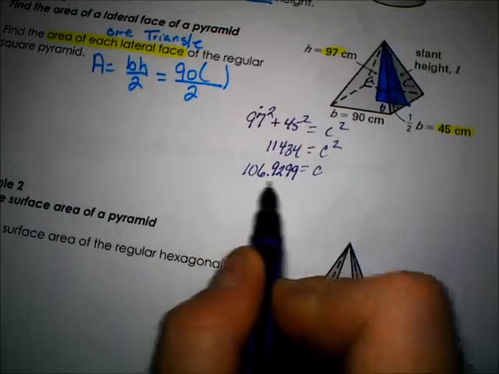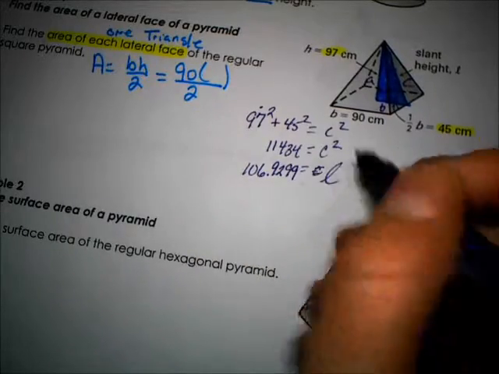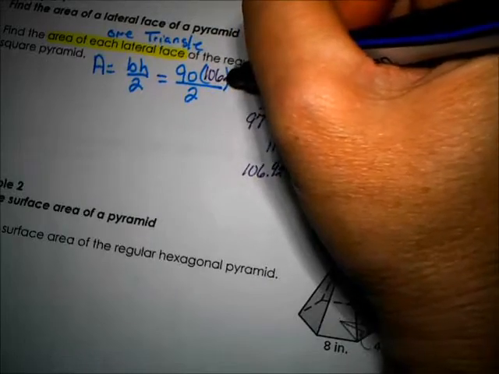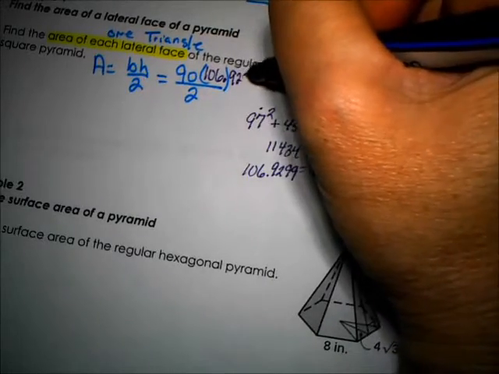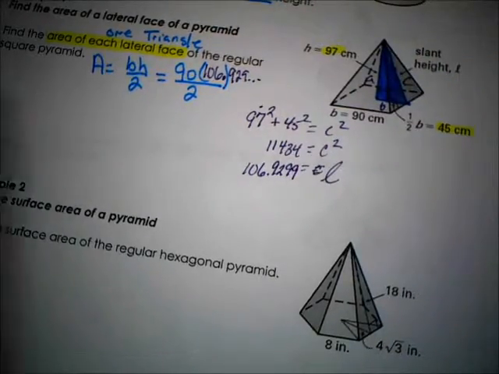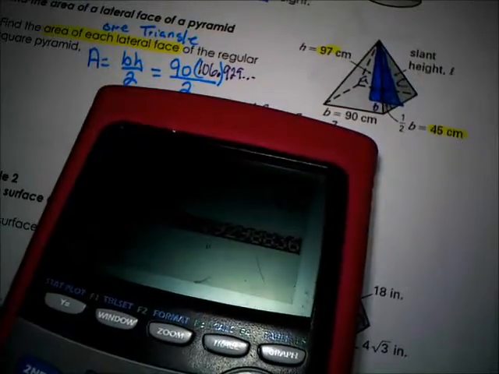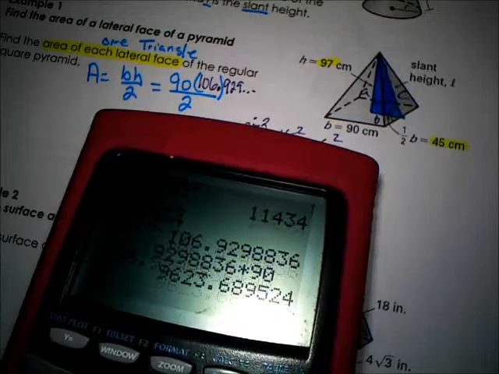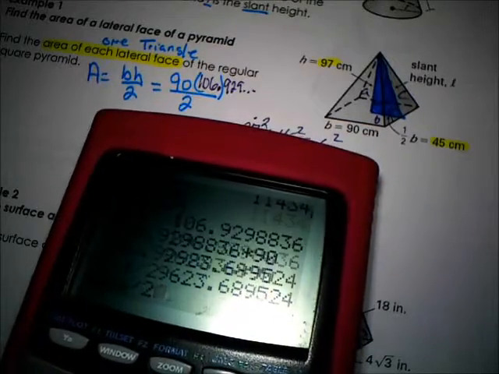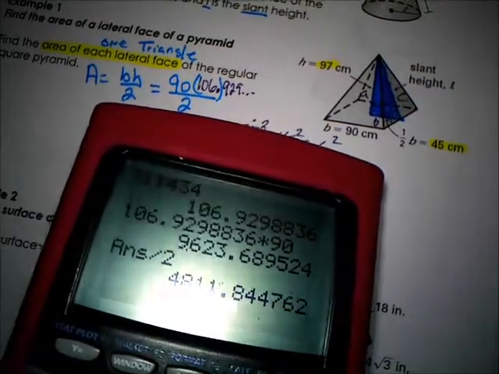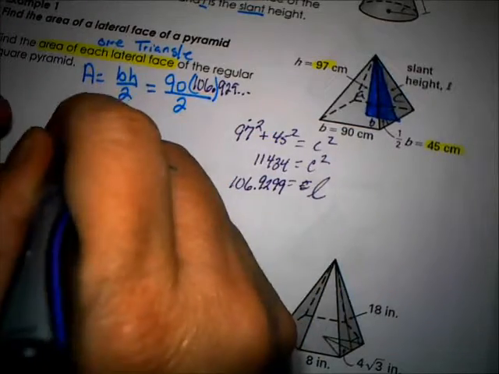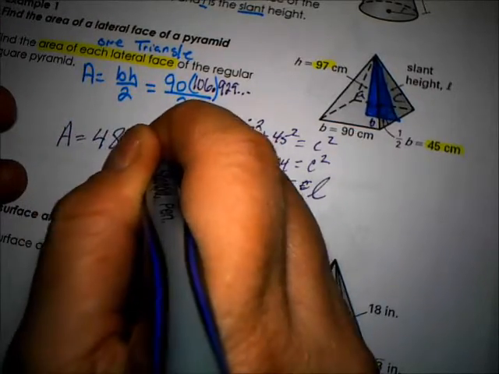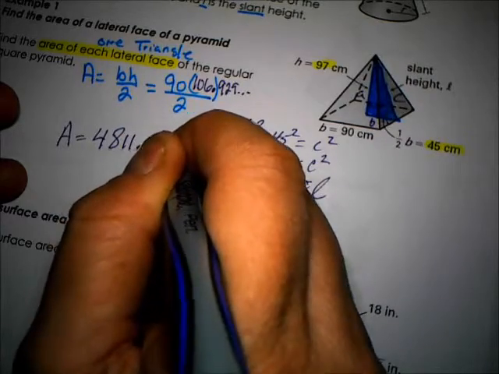This number here is actually my slanted height, so that's what will go in this slot here: 106.929, and on and on. I'm going to use the number that's in my calculator. I'm going to take that number and multiply it times 90 and then divide it by 2 to come up with the area of my triangle, which is 4,811.8 centimeters squared.